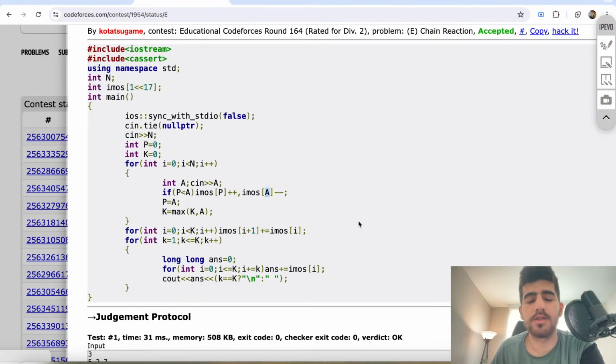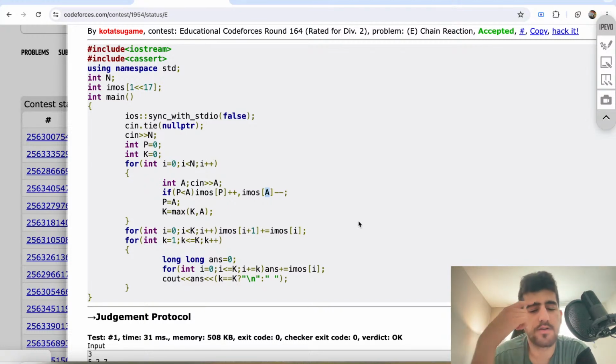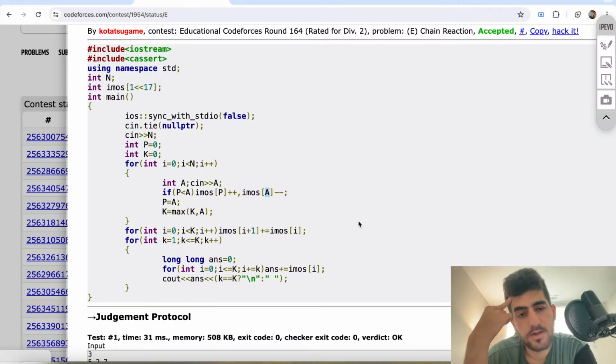Sorry, I thought, yeah, that's okay. k is from 1 to the maximum. That's the number of steps. p plus plus, a minus minus, p equal to a, k is equal to the maximum of k and a.